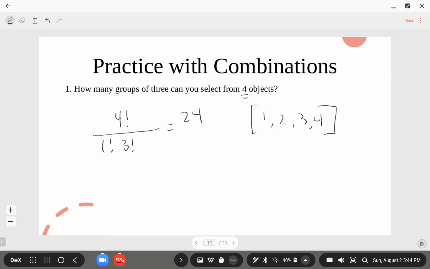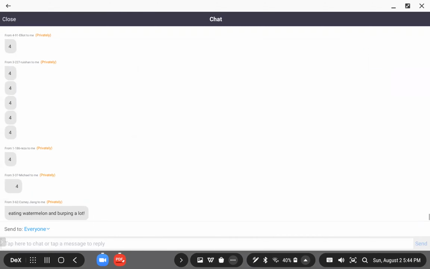On top is 24 because 4 factorial is 24. On the bottom, 1 factorial is 1, and 3 factorial would be 6. So 1 times 6 on the bottom, and this would be 24 divided by 6, which would be 4. So those who got 4, congratulations.